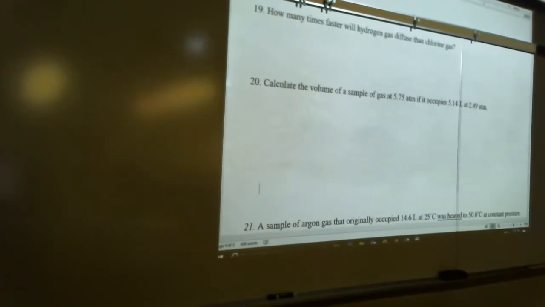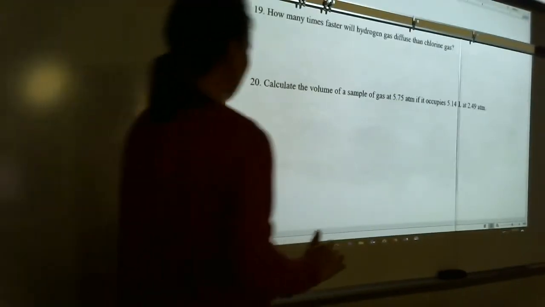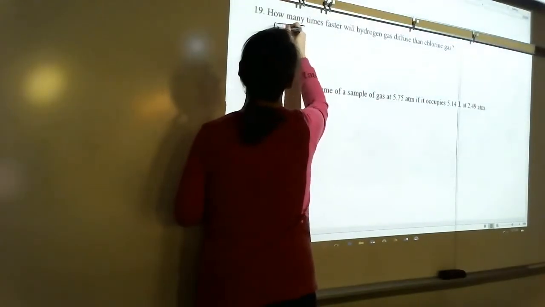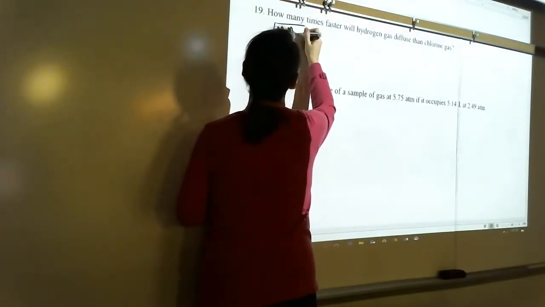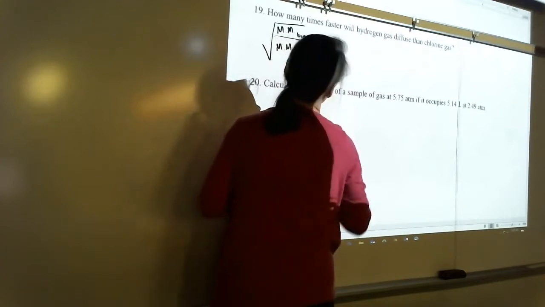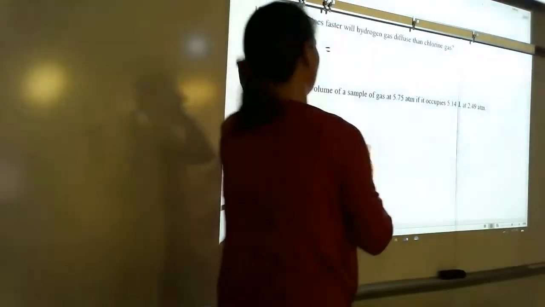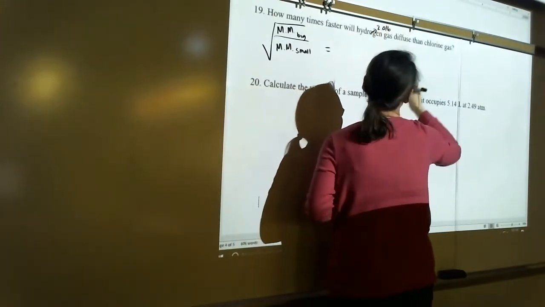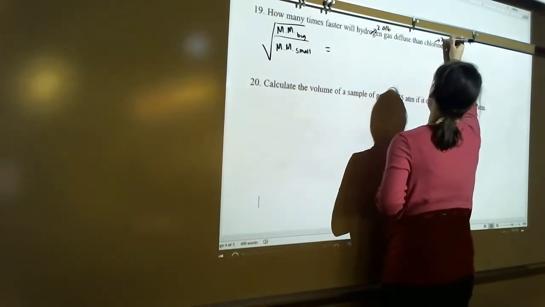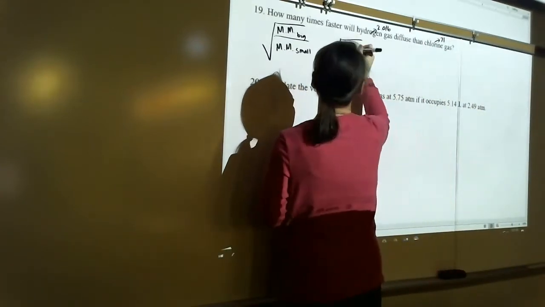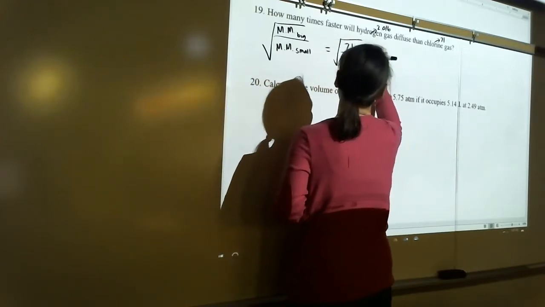We're going to use Graham's law, so that's the molar mass of the bigger one over the molar mass of the smaller one. Hydrogen gas's molar mass is 2.016. Chlorine gas is 71. So the square root of 71 over 2, you can just round.